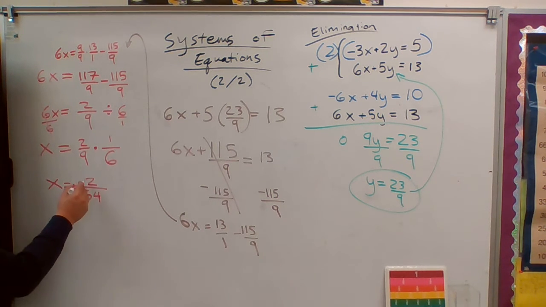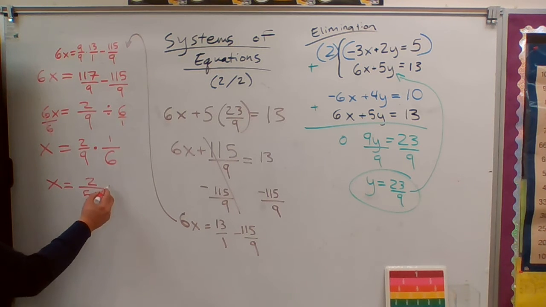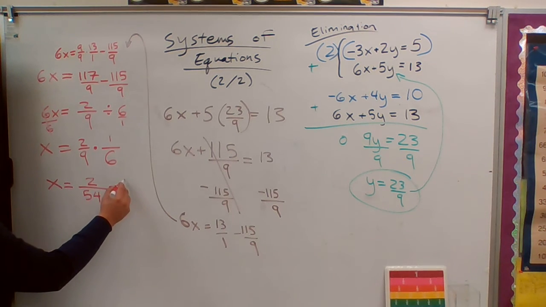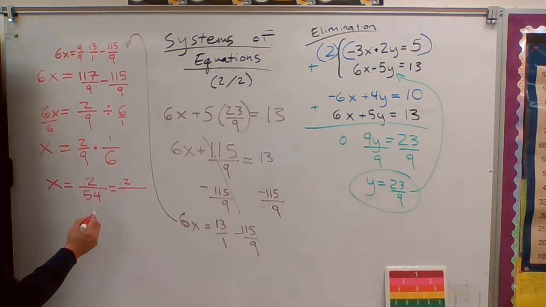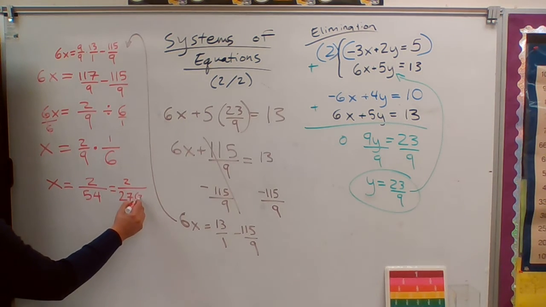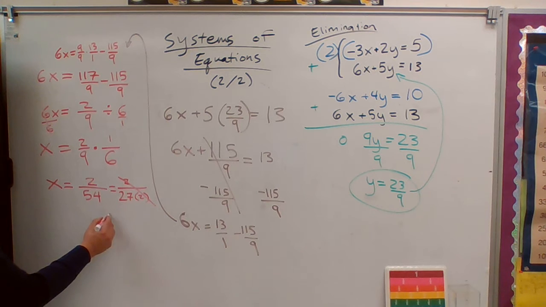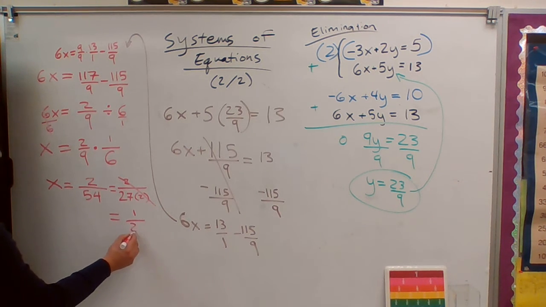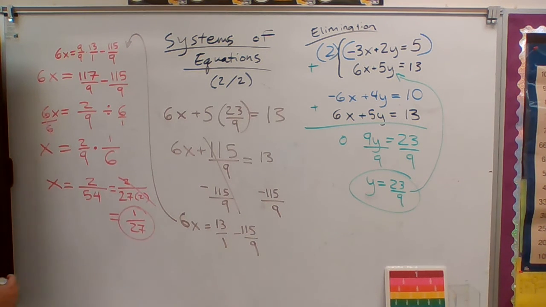Or for those of you guys who can see the simplification, 54 is really 27 times 2. So those will cancel out, and we'll just be left with 1 over 27 for our x.